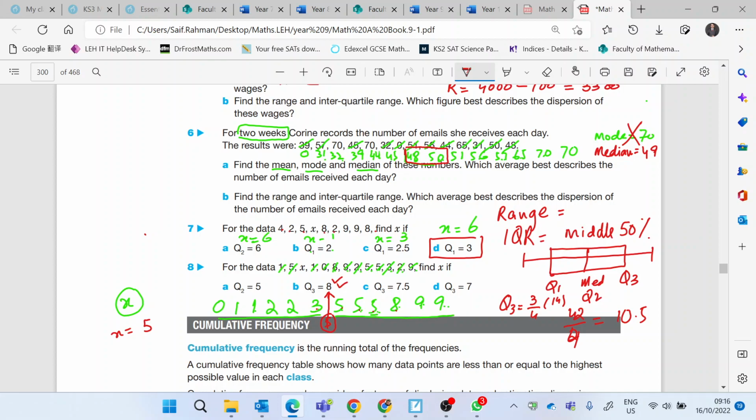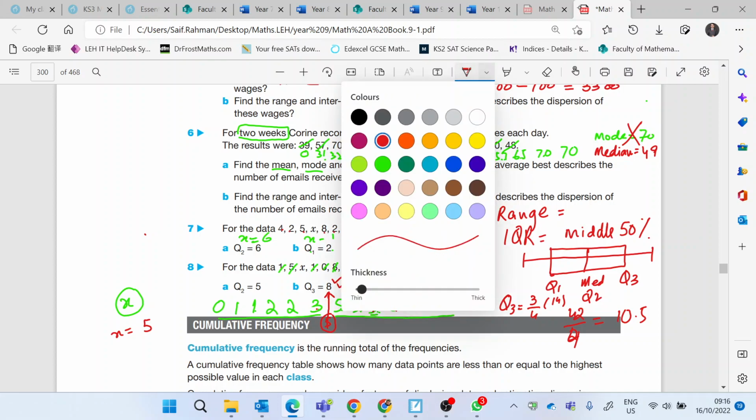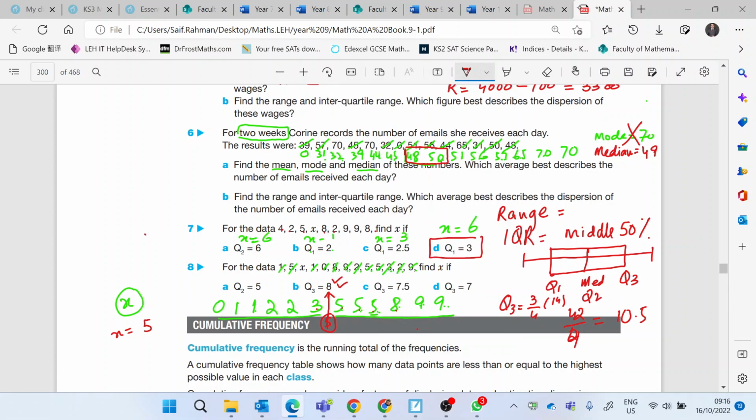That can only be if we put here x as 8, x 8 8 here. So the 10th will be 8 and the 11th will be 8. So if both of these values are 8, then their average will be 8. So Q3 will be 8 if x is equal to 8.